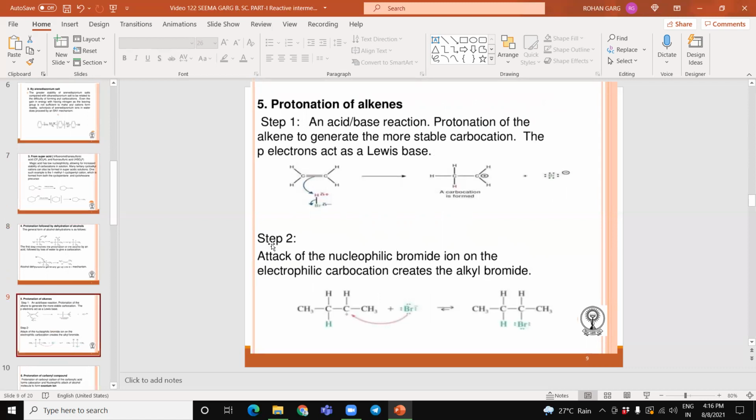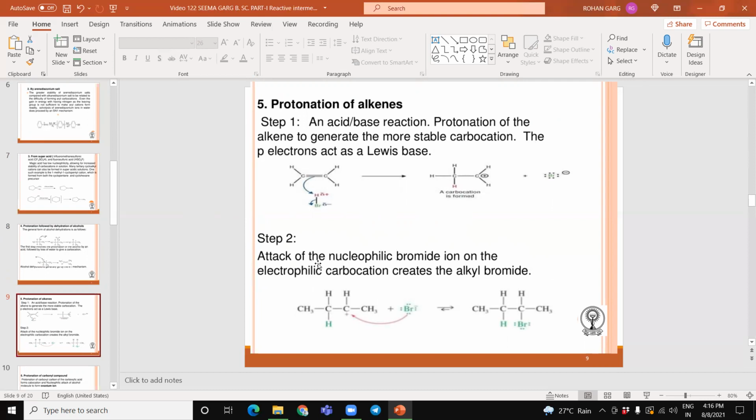Protonation of alkenes. Protonation of alkenes also forms carbocations. An acid-base reaction, protonation of the alkene to generate the more stable carbocation. The pi electrons act as a Lewis base and it will give carbocation.